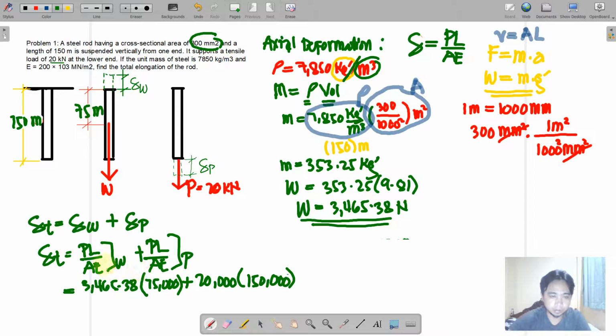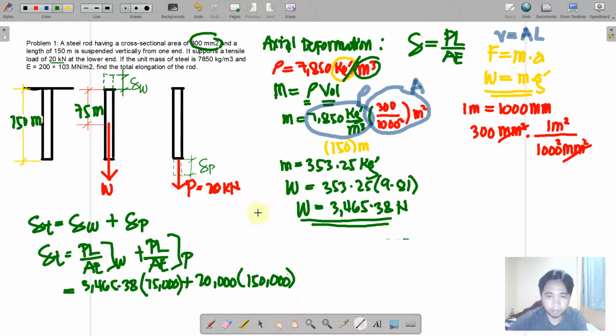So the difference is that the length involved in the pull due to its self-weight is that 75 meter, the upper level is subjected to the elongation, while that of the pull at the bottommost portion will subject the entire length to pull and stretch at the bottom portion.